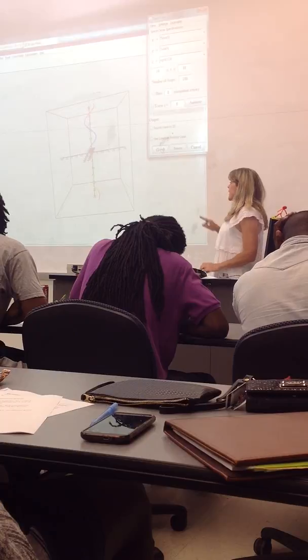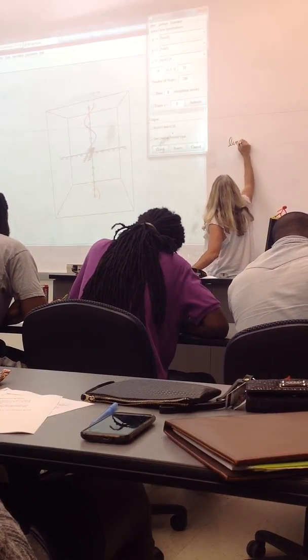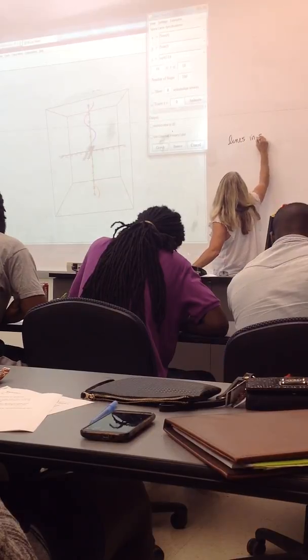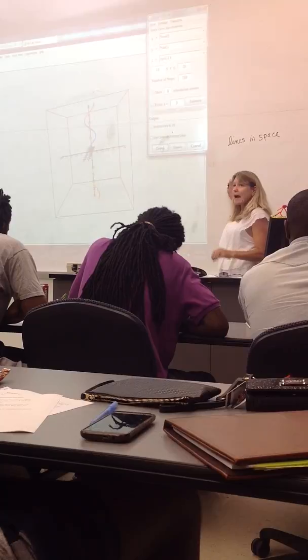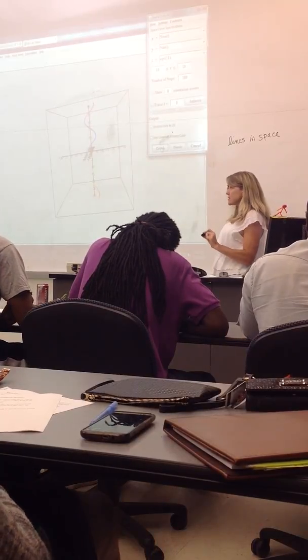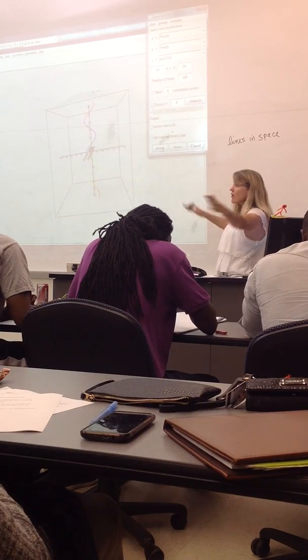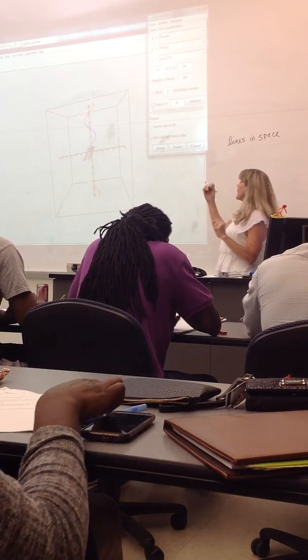Alright, in section 12.5, we learned about how to find lines in space. And we talked about how lines actually need to be explained more specifically than planes, because instead of being anywhere on a big plane, you're just specifically walking a tight line.